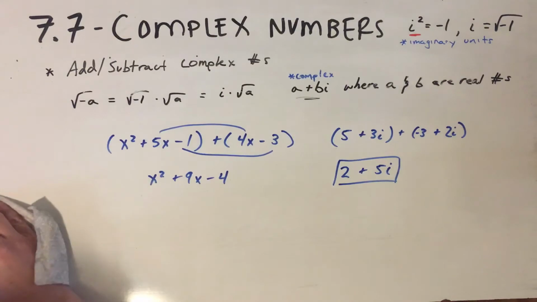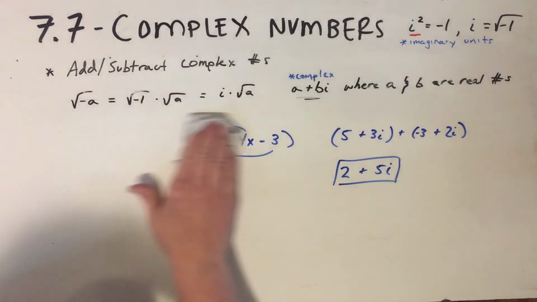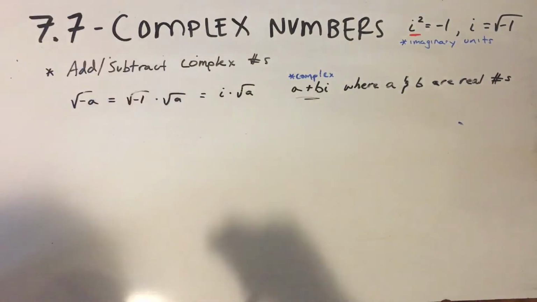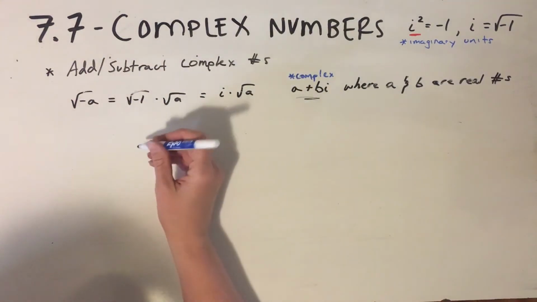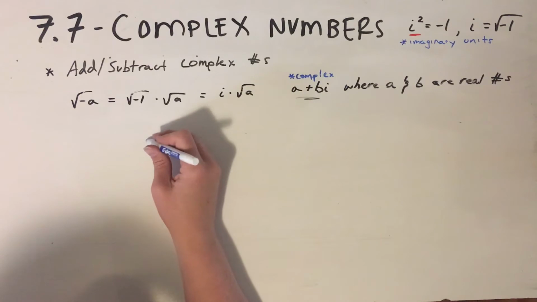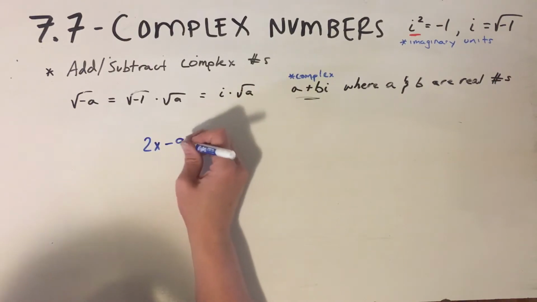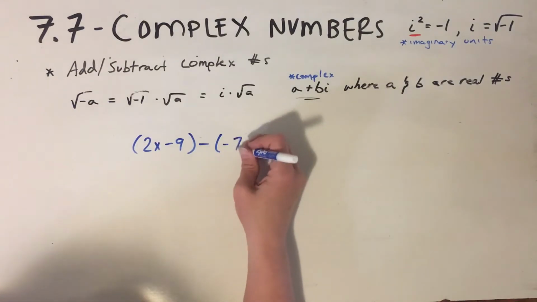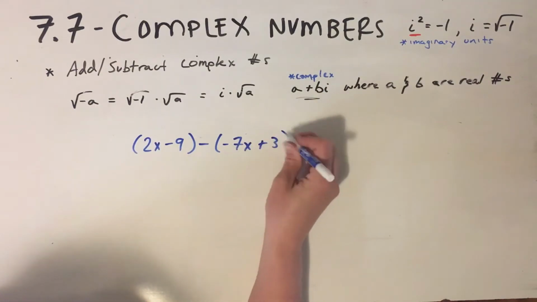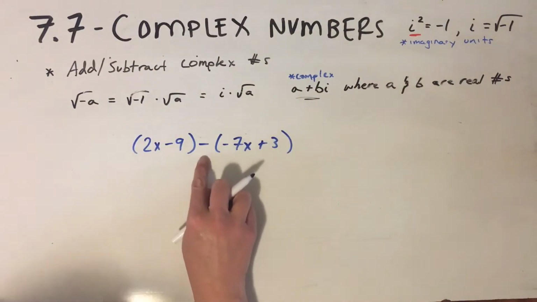Let's do a few more of these. How subtraction looks different. Can you remember when we were subtracting these previously? If I had, say, 2x minus 9, and I wanted to subtract negative 7x plus 3, I needed to distribute this negative.